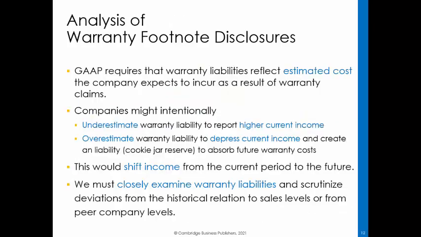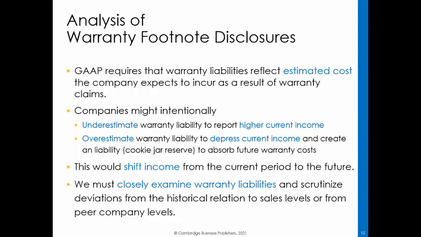Payments made to settle warranty claims do not affect current period income, they only reduce the pre-existing liability. GAAP requires that the warranty liability reflect the estimated costs that the company expects to incur as a result of warranty claims. This is often a difficult estimate to make and is prone to error. Each period, the company examines the liability and updates the amount to reflect new, more accurate information, as we saw for Harley-Davidson.